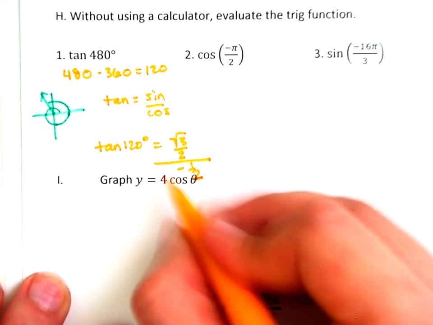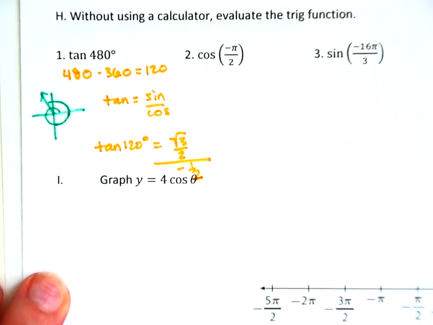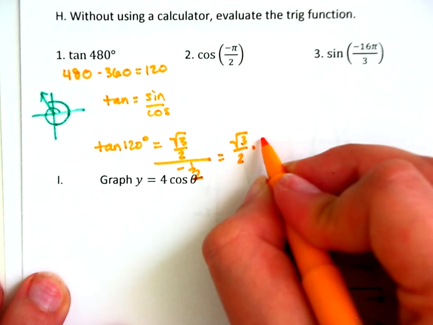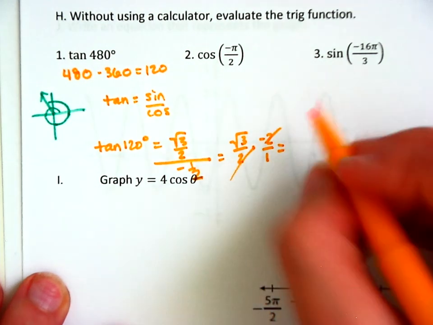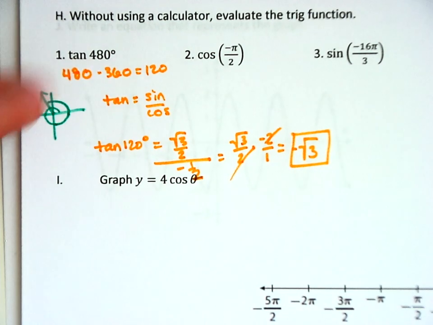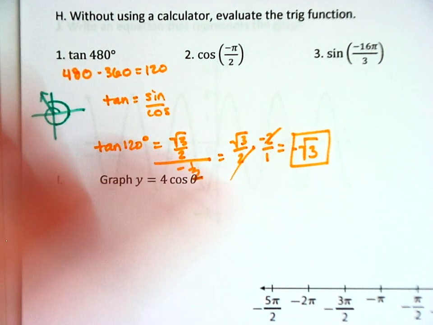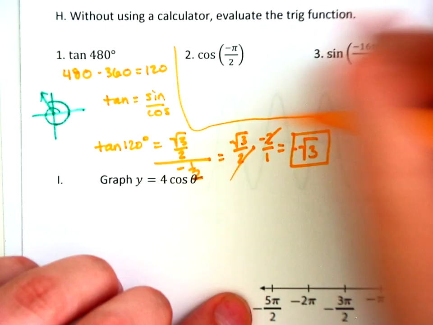Remember, dividing by a fraction is really multiplying by the reciprocal. So this is really the same as root 3 over 2 times negative 2 over 1. My 2's cancel, and I've got negative root 3. So tangent of 480, which is the same as tangent 120, is negative root 3. And you're done.